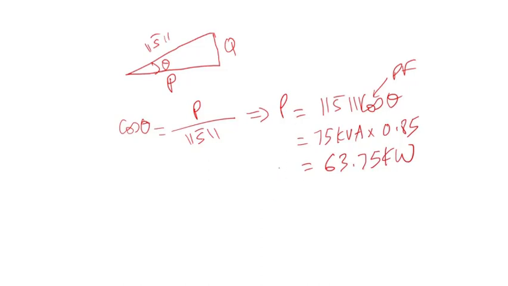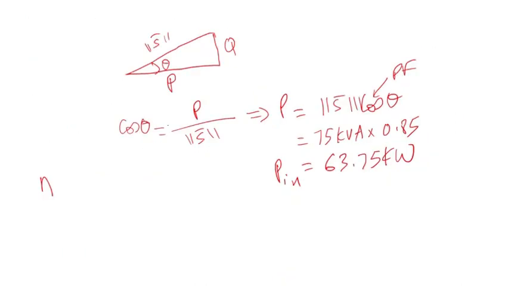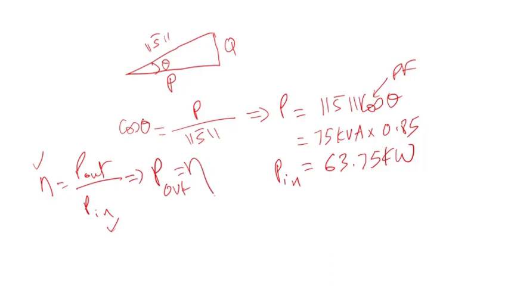And what is this P? It's really the input power, so P in. So I know P in, and I know efficiency is P out divided by P in. I know efficiency, I know P in. I can calculate P out is equal to efficiency times P in.